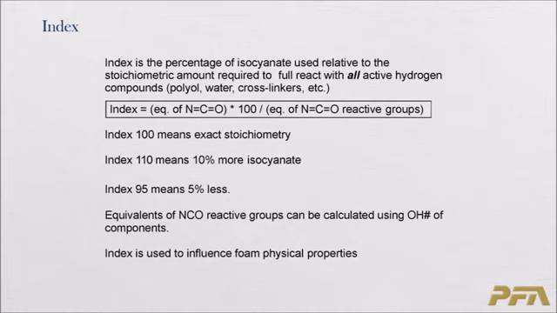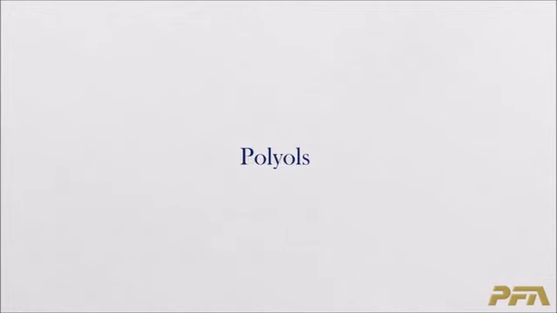But varying that index is a very common technique that people use to try to change the properties of the foam, mainly the hardness, by manipulating that index. Again, it's just the ratio of isocyanate to all the reactive groups.